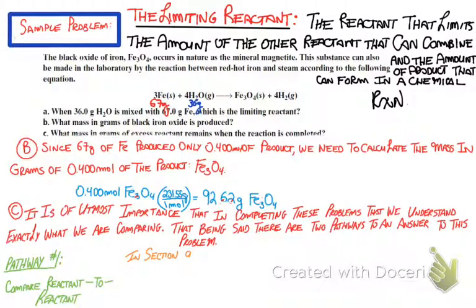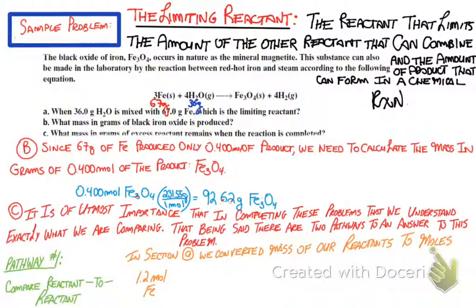Pathway number 1 is compare reactant to reactant. In the first section, A, we converted the mass of our reactants, both the 36 grams of water and the 67 grams of iron, into moles.